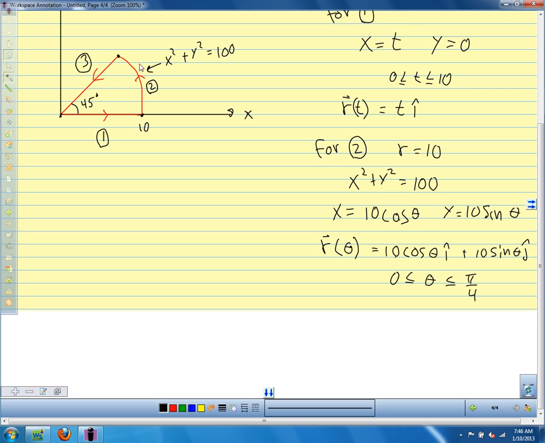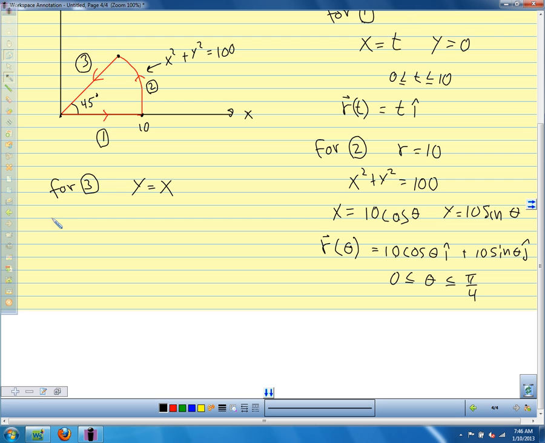And then for boundary 3, we're starting up here at this point, and we're moving on this line back down to 0, 0. So if we were going to describe this line in rectangular coordinates, what would it be? y equals x. But we're moving back to the origin.